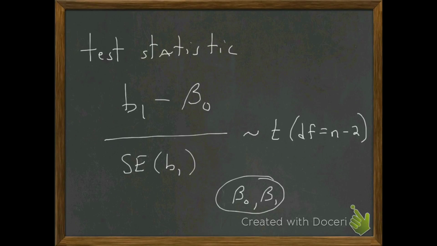Now, before we go on, we've got our test statistic, and this will be for our test of hypothesis. And something else I want to show you is our 1 minus alpha confidence interval.